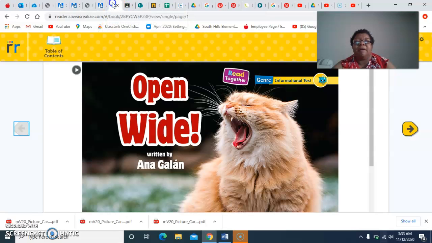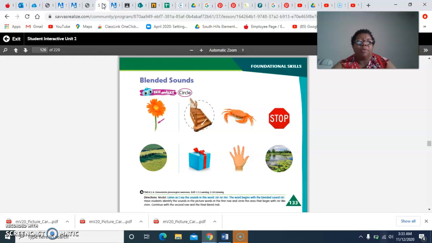Next, we have our workbook. If you haven't done these pages, we're getting ready to learn about blends. Blends have two letters that make a sound.